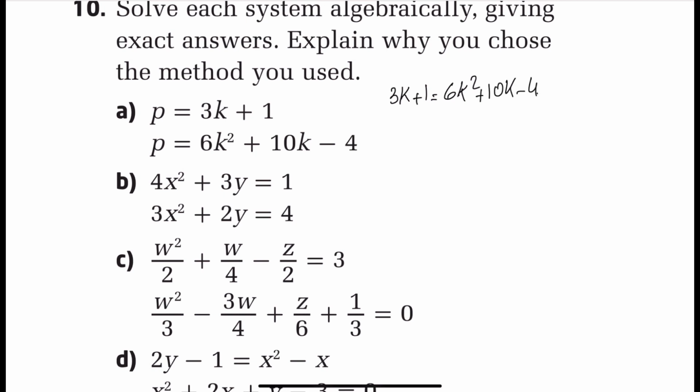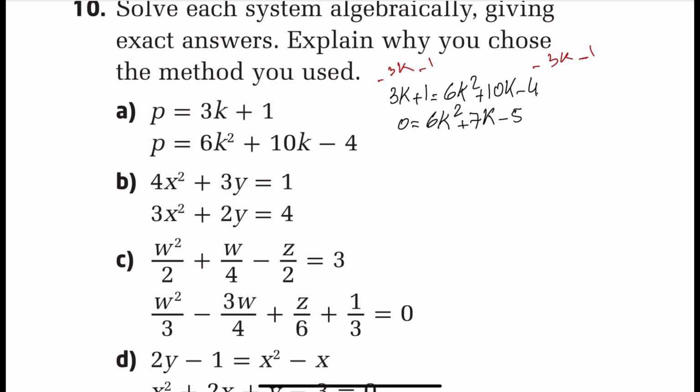I will take everything to one side, so I will have minus 3k, minus 1, which will give me 0 is equal to 6k squared plus 7k, okay, minus 5.